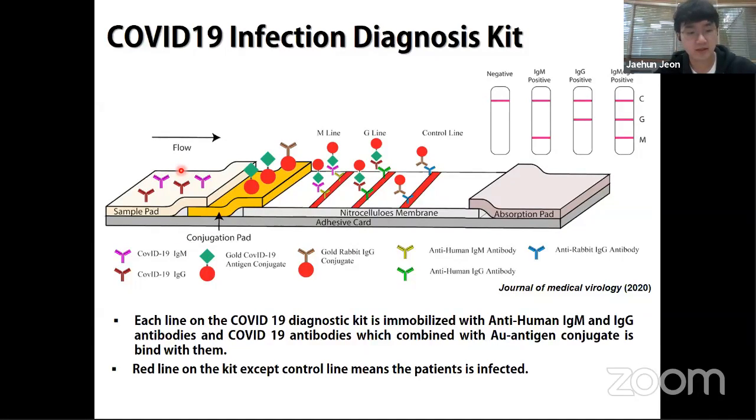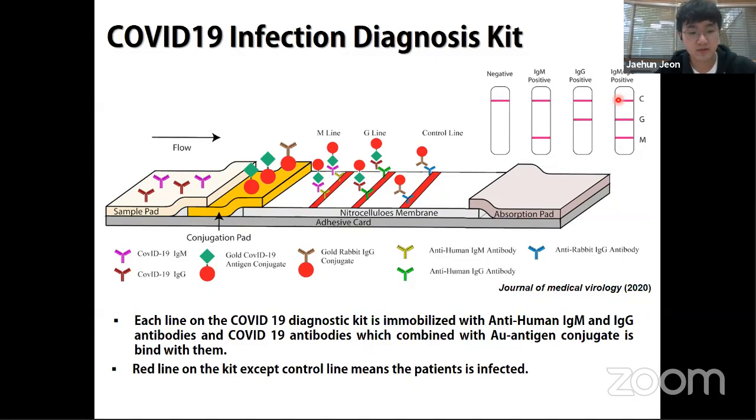If COVID-19 immunoglobulin M and G are present in the blood, the antigen-bound antibodies bind to each line. This is indicated by a red line on the diagnostic kit, and a red line other than the control line means the patient has a risk of virus infection.